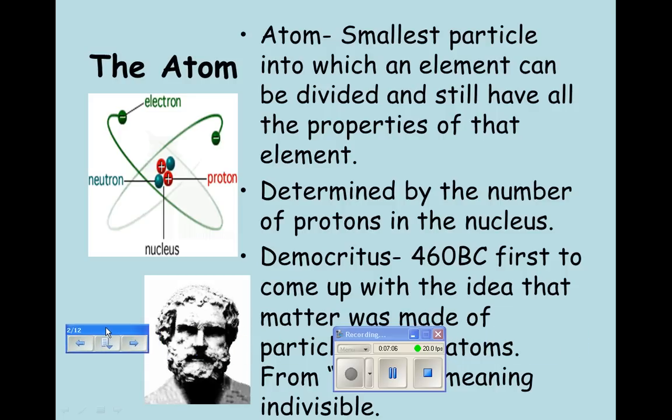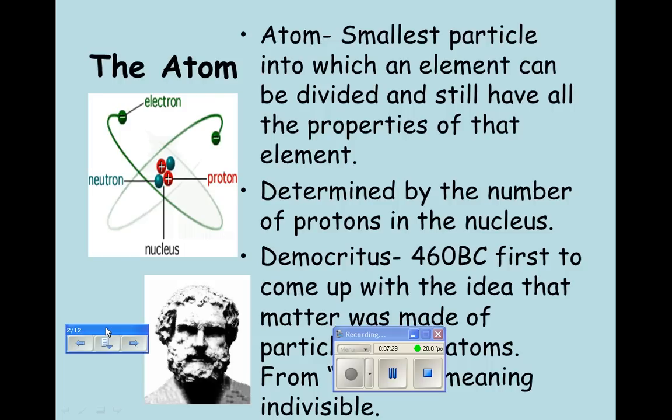Remember when I showed you the periodic table and that the hydrogen has a 1 inside the box up there because it has 1 proton, and that's what identifies which element it is. Oxygen has 8. There's an 8 inside the box. That's how many protons oxygen has, and it determines what element it is.